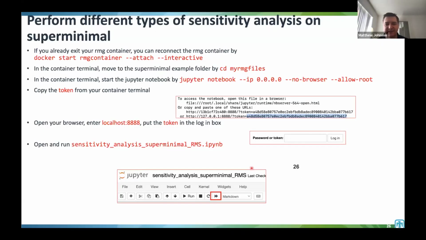Okay, so next we're going to do the sensitivity example notebooks. Hopefully this is the same as last year. I need to unshare.